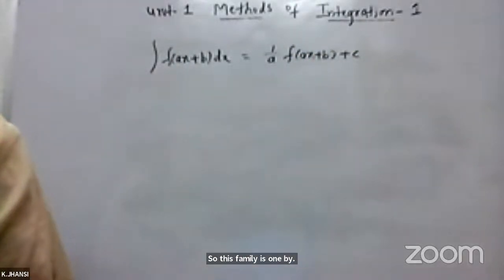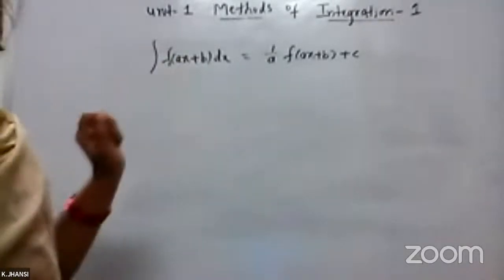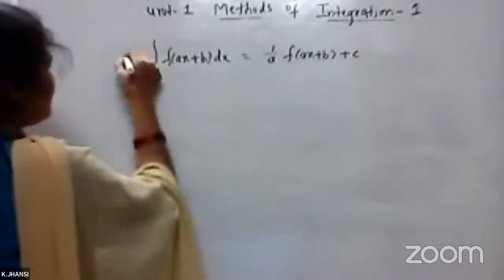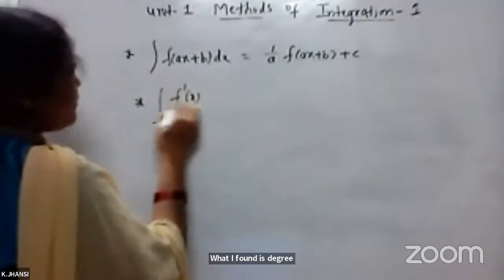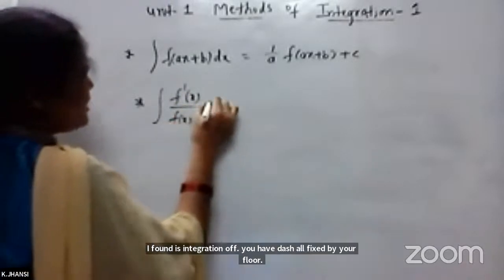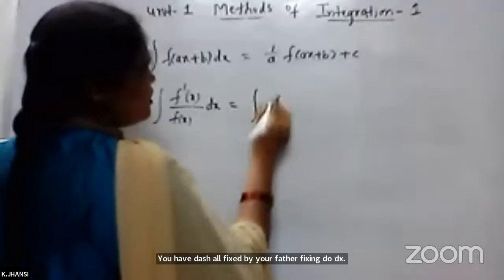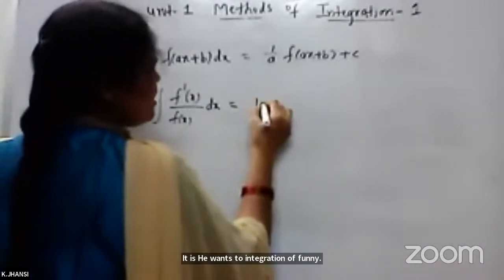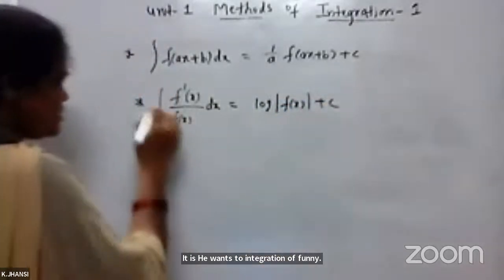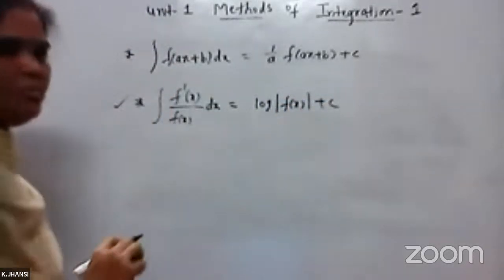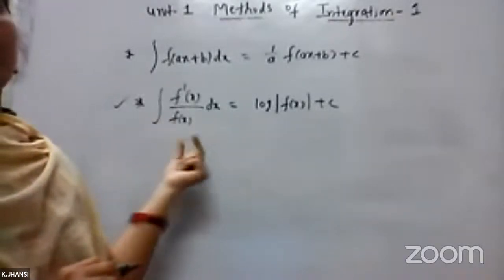For this type of problem you also have example problems, and after that an important formula is integration of f dash of x by f of x into dx. The solution is log f of x plus c. So this is the important one. On this you may get a multiple choice question, or else a 5 marks problem.